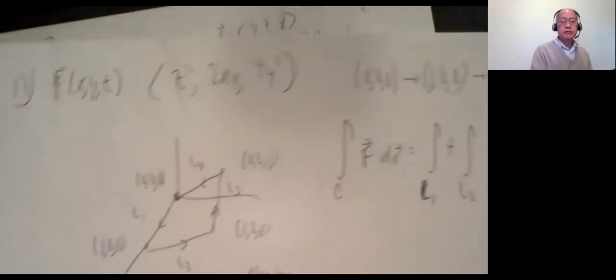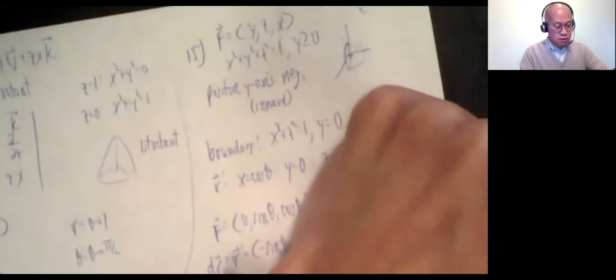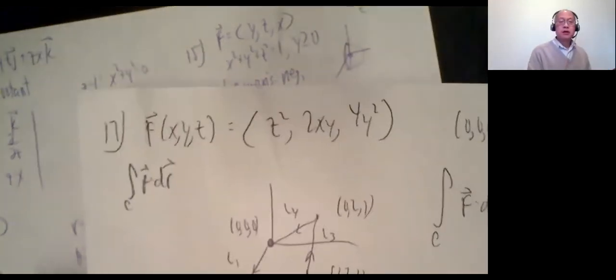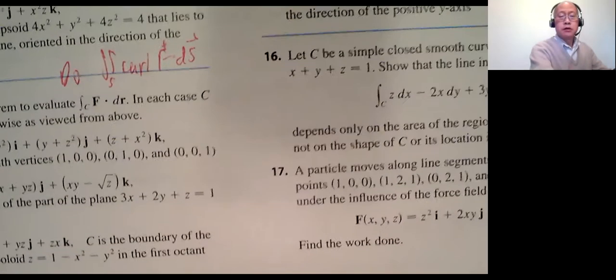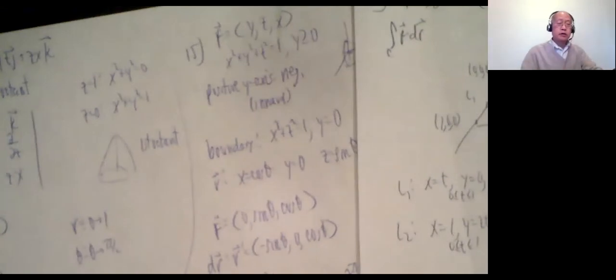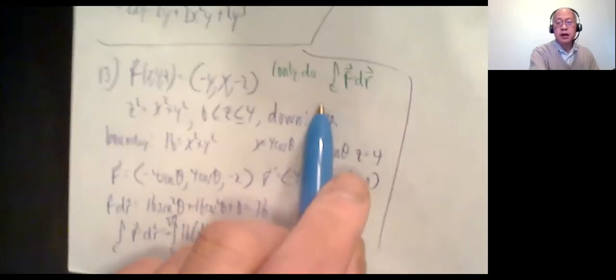And for 17, we're also going to do F dot dr. Actually, for 17, it says find the work done. That by definition means do the integral along the curve of F dot dr. So you see how this one is actually not so bad at all if you only do the F dot dr part.